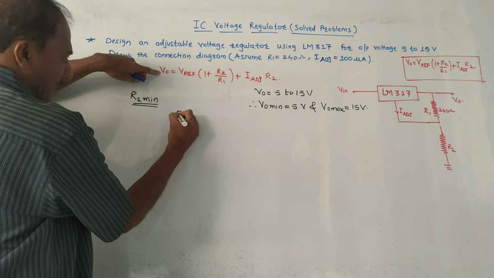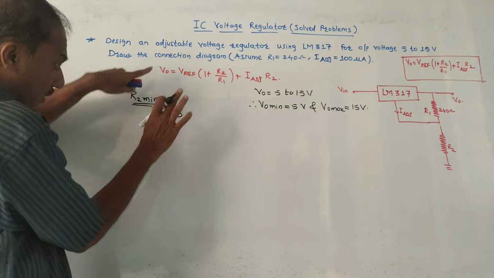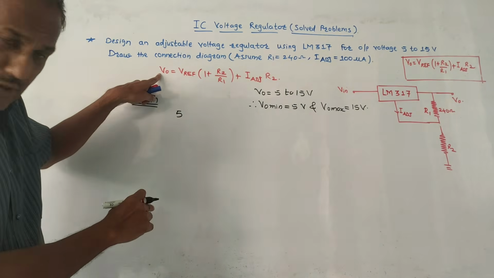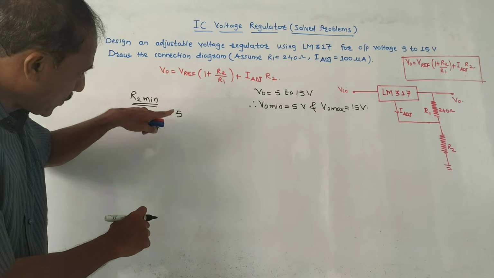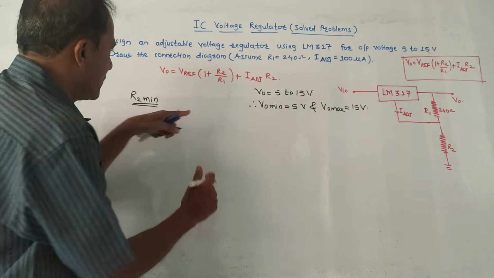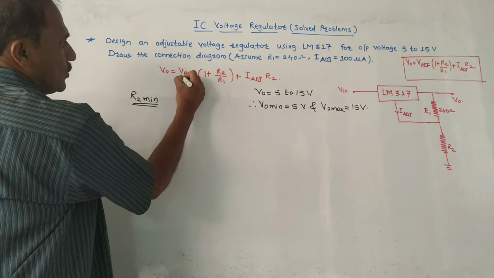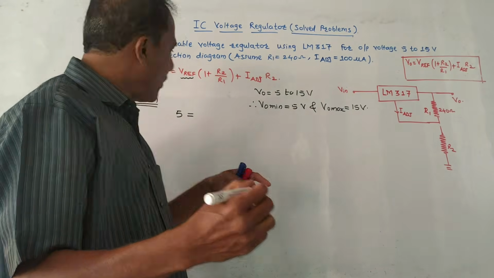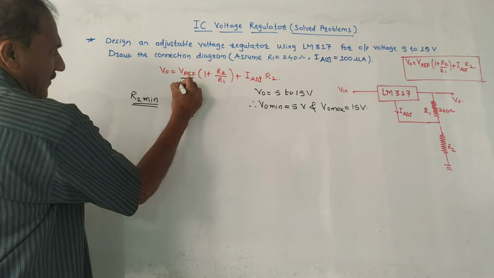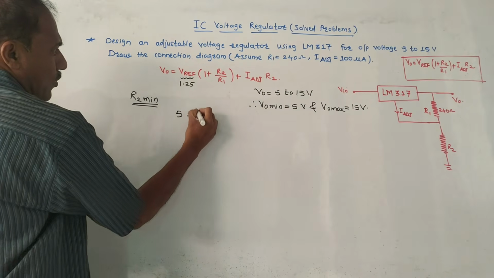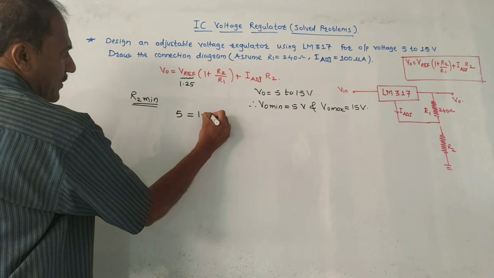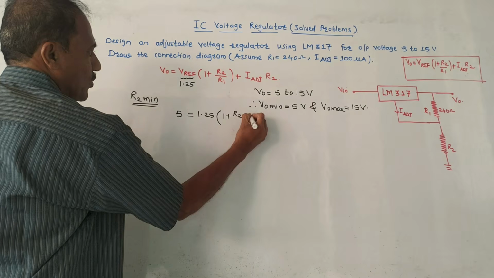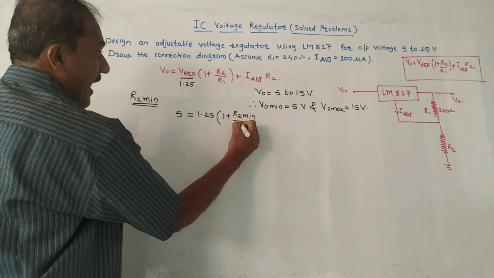I will just put the available values. V0 minimum, look, we are calculating R2 minimum, which means in place of V0 we need to put the value of V0 minimum, which is 5 volt, which is equal to, we know that while studying the theory part of LM317 we already discussed, the value of V reference is 1.25 volt. So it is 1.25 times 1 plus, here I write R2 minimum upon R1.